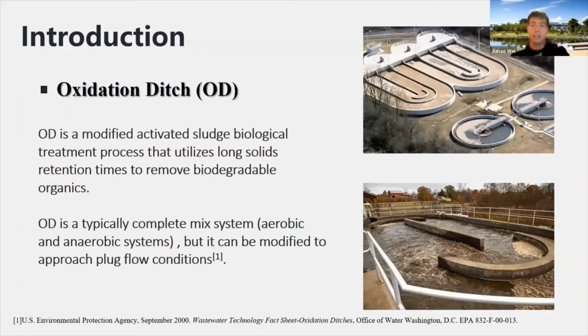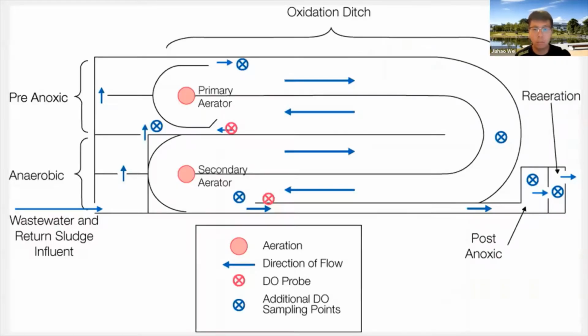This study is concerned with the optimization of the oxidation ditch. The oxidation ditch is one of the most common reactors in the wastewater treatment industry, which are large, round, or oval ditches used for the aerobic and anaerobic treatment of wastewater. This figure shows the structure of the oxidation ditch from the top view and the flow direction.